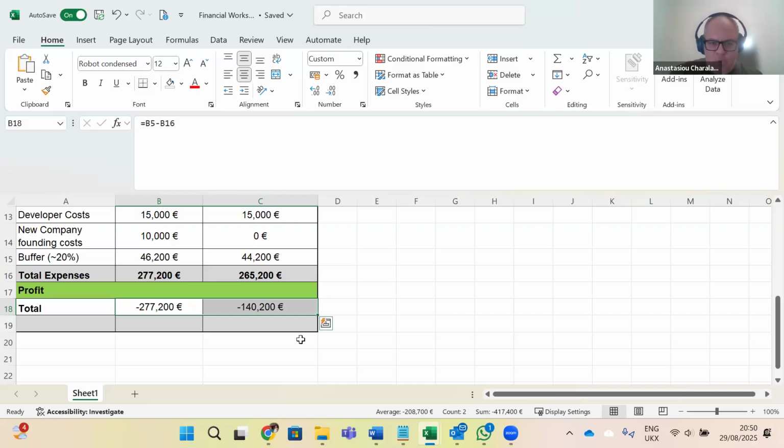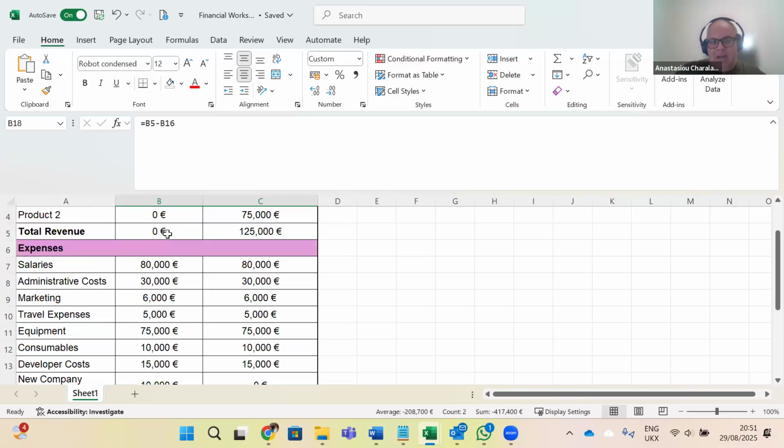So in this case, it will be 277 plus 140. That comes to about 400K. It's never super accurate numbers to the last digit. But if you go to an investor and they ask, how much money are you raising? You would say, I'm raising 400,000. Why are you raising 400,000?